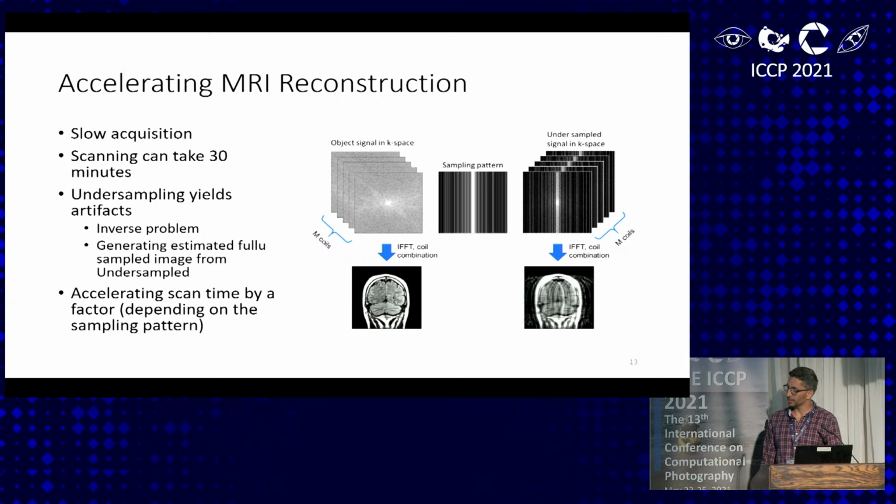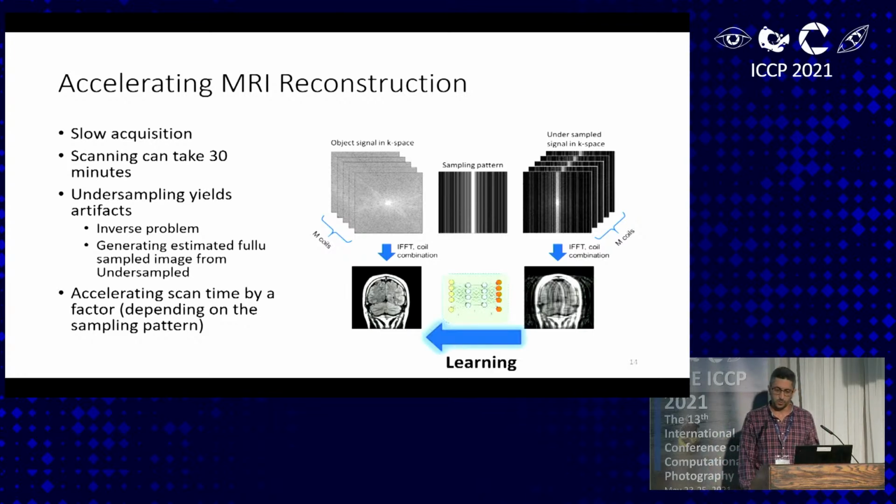However, a standard reconstruction of an undersampled k-space yields images with aliasing artifacts. Deep neural networks have been harnessed to solve this task. The networks are trained with supervision to generate estimated fully sampled images from the given undersampled k-space data.